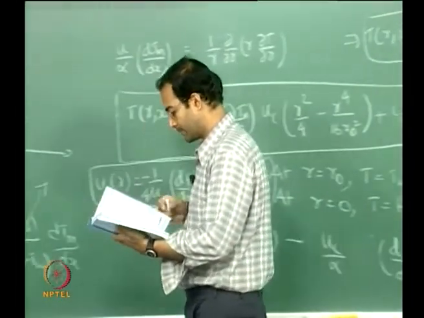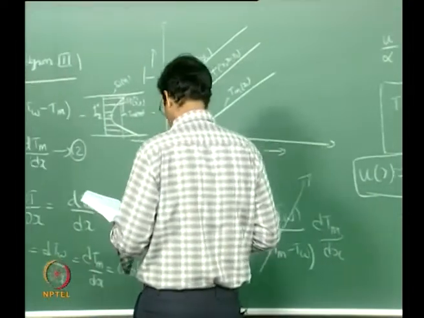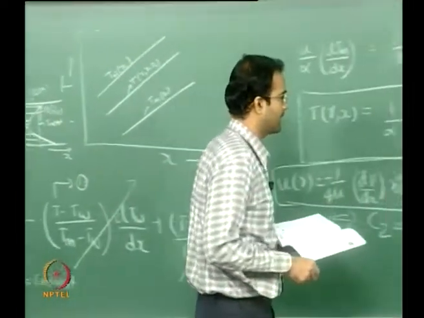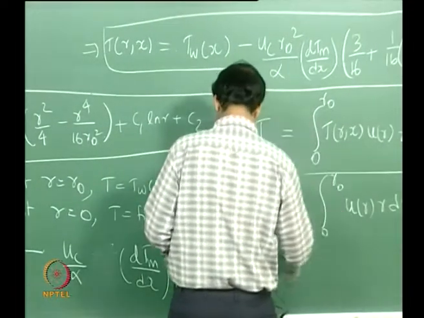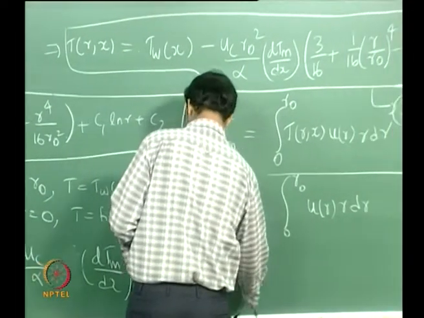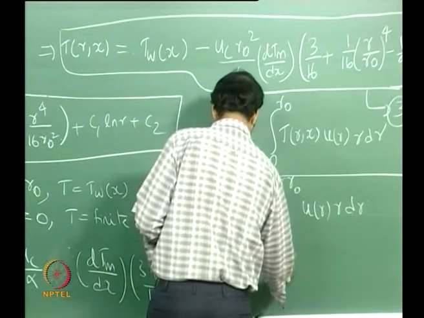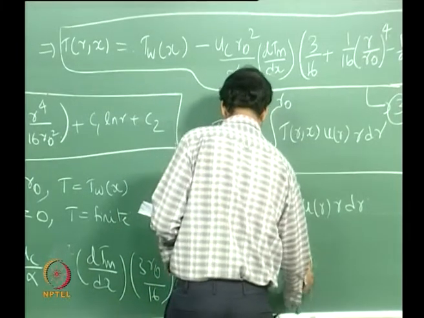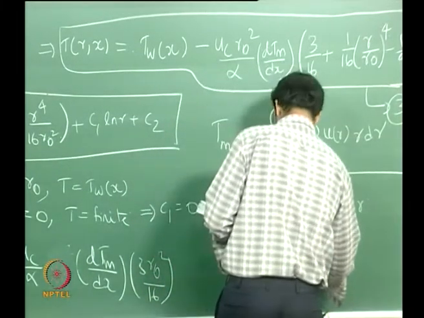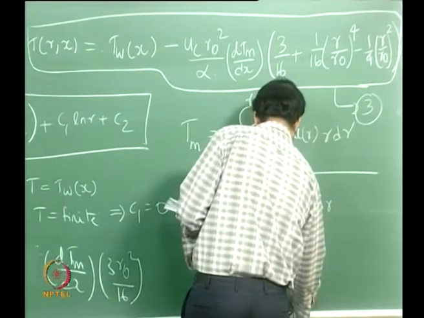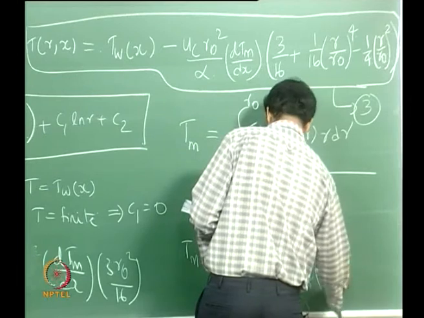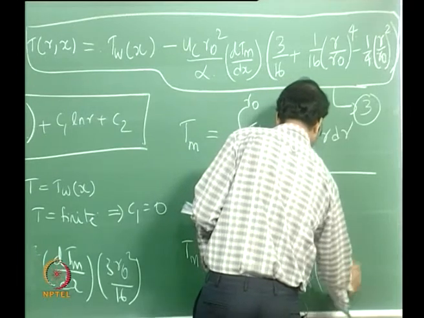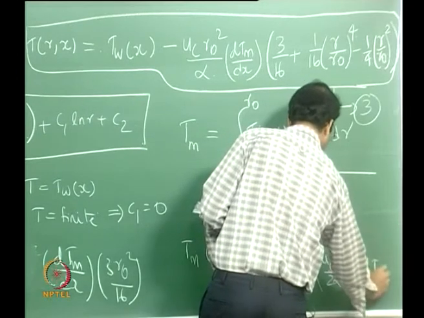You can also, if you find it too difficult, use Mathematica and try to do the integral, but finally if you do that, the expression for Tm comes out as Twall of x minus 11 by 48 into UC r naught square by 2 alpha into dTm by dx.